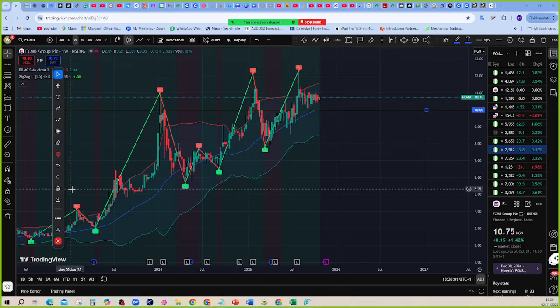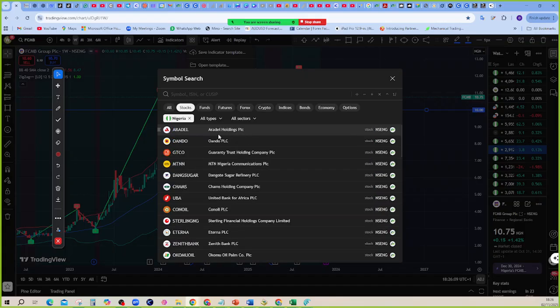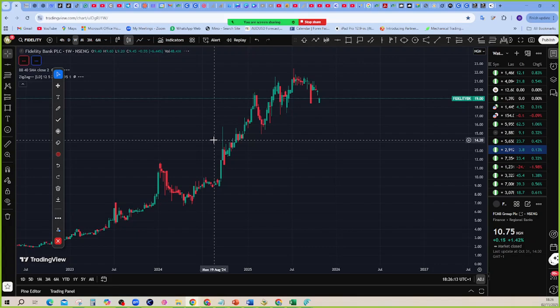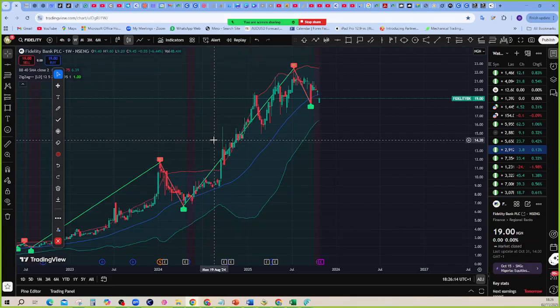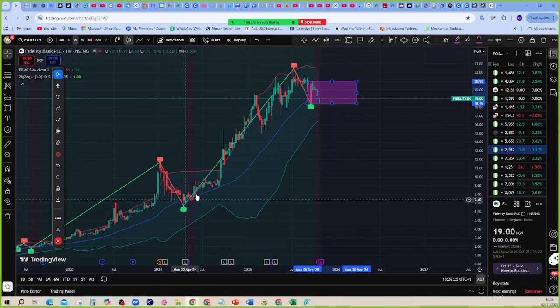Let me take one more for this. I think Fidelity. Let me check Fidelity. I know Fidelity also is doing some fantastic thing. You see, what happened here was that Fidelity was trying to close below our moving average here.